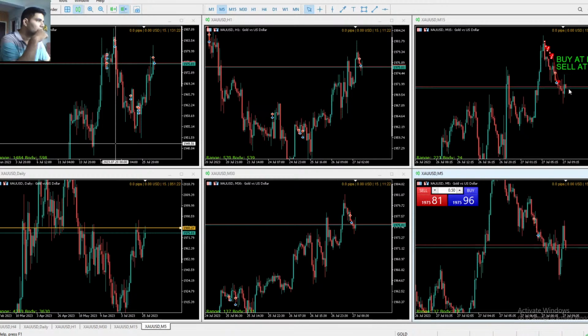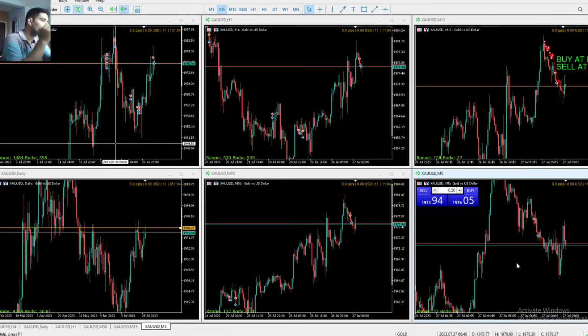If this red candle on the 15-minute time frame closes below this green candle, then we can look for a sell. Otherwise we wait. And also we have already taken one trade for today, so now we do not bother taking any more trades.